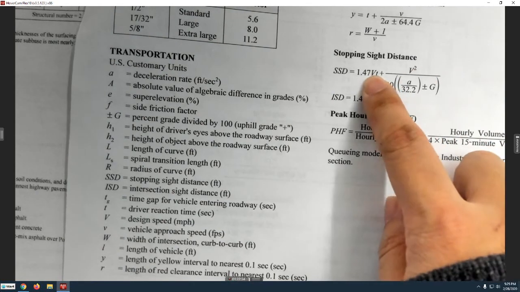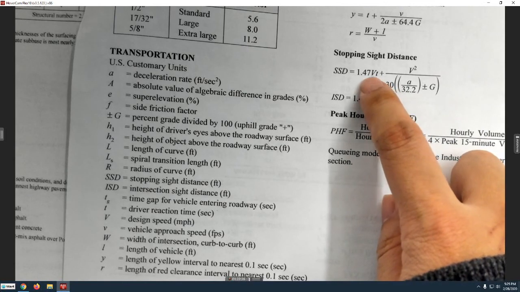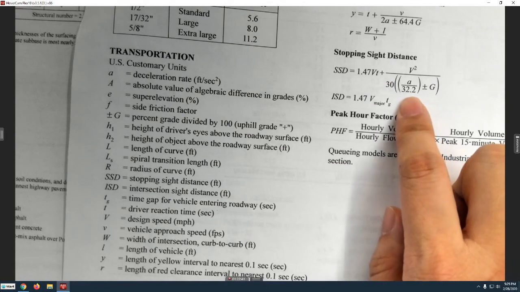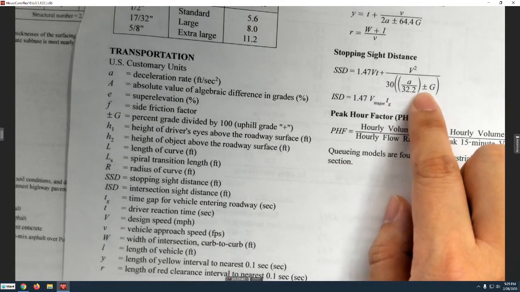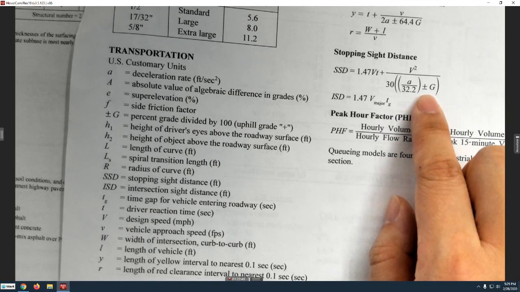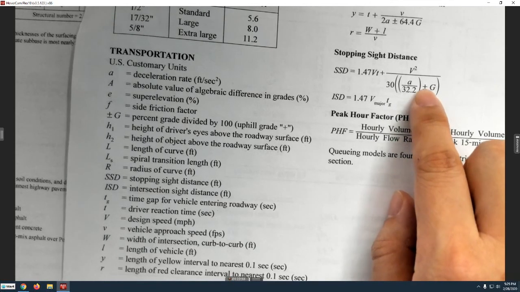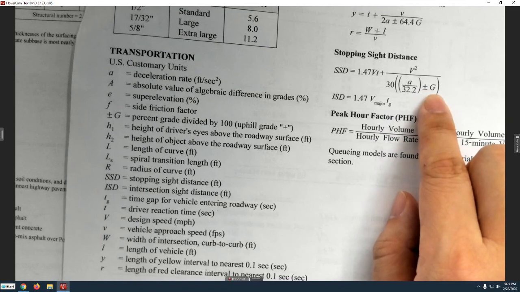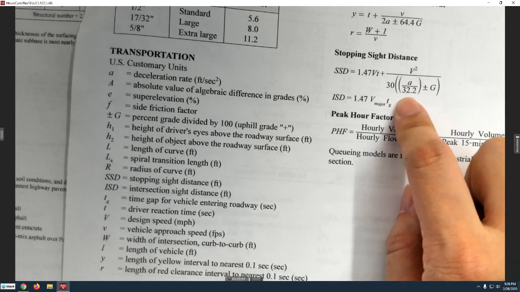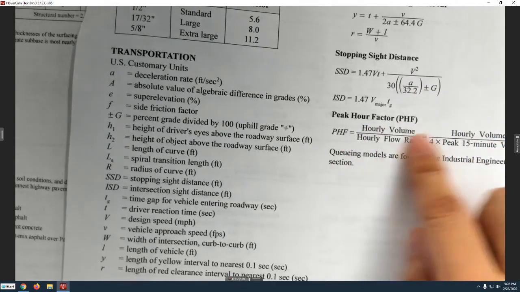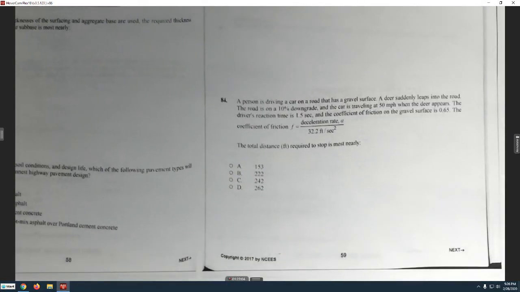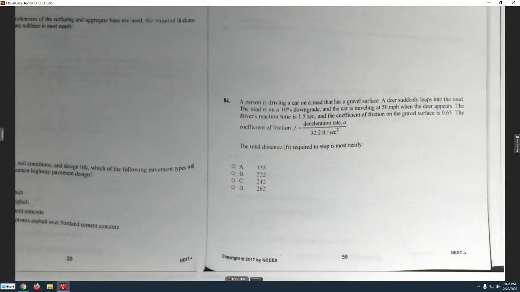So you can insert 50. Then do the calculation. Because it's a downgrade, it takes longer to brake, so it's minus this G, minus 0.10. And this part gives you 0.65. So overall, the calculation is about 261 something. So the answer is D.